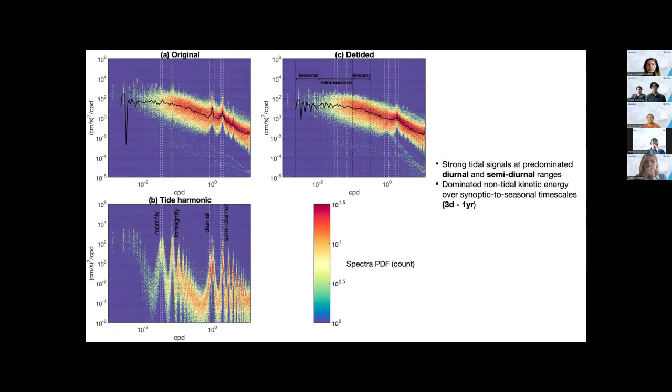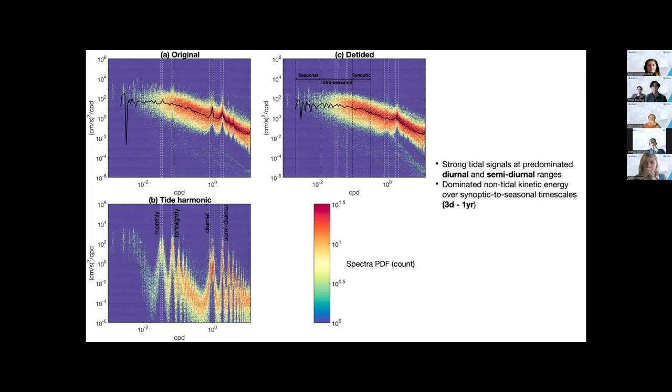The first thing that we looked at based on this mooring compilation is an energy spectrum analysis to understand the partition of kinetic energy among different processes. We know the Antarctic continental shelf is a region that experiences very strong tidal signals.